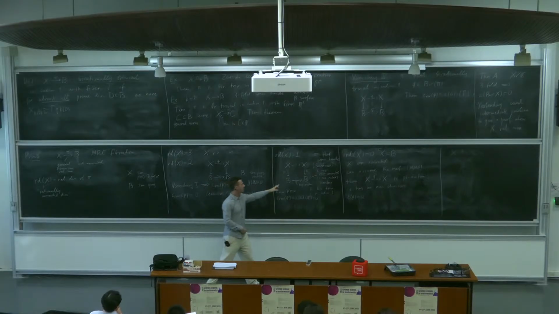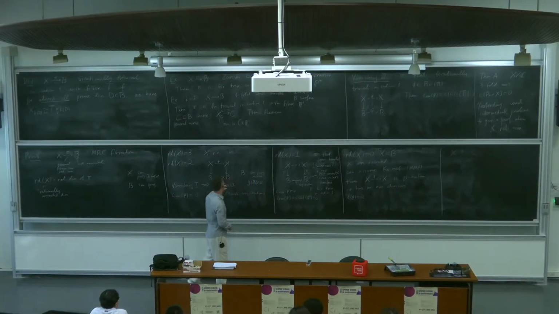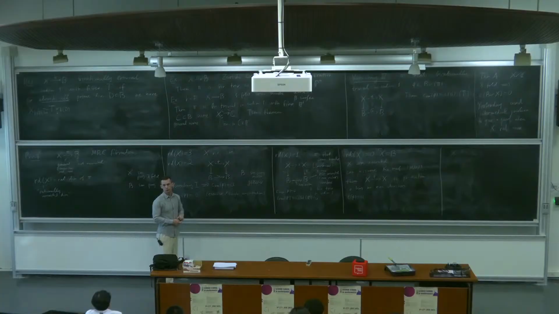For example, this statement about conic bundles being trivial used algebraically closed, so I'm not sure. The feeling is that for these intermediate types, they should vanish more easily, but the argument I have at the moment applies only to algebraically closed fields. Yeah, thank you.